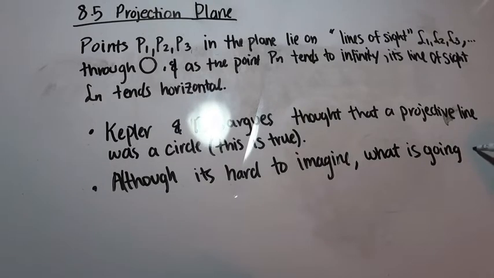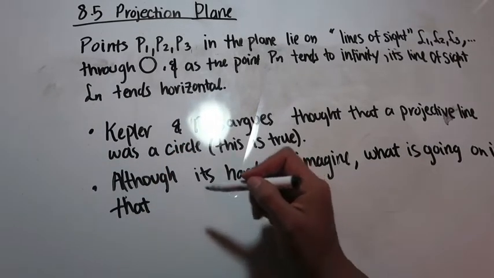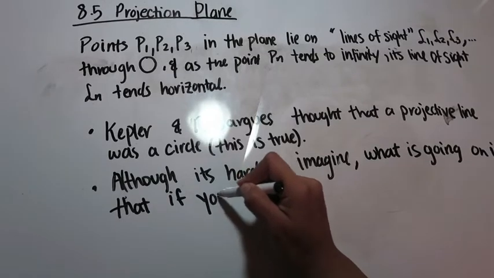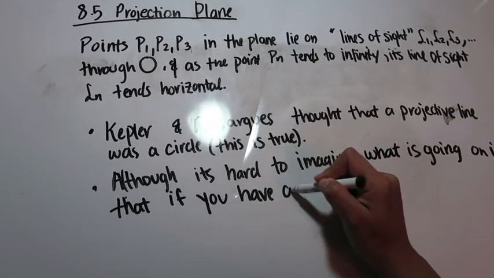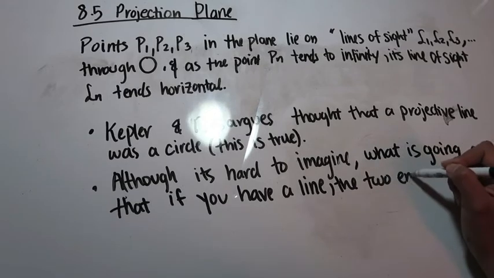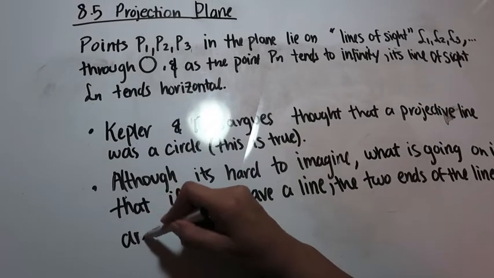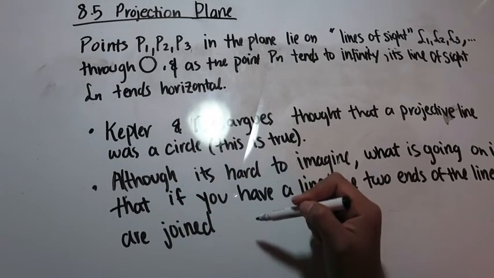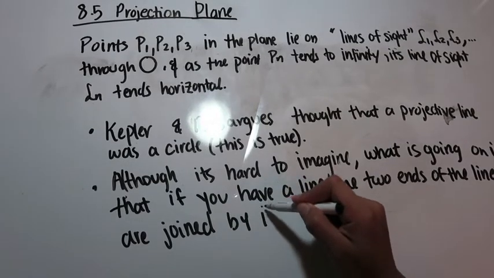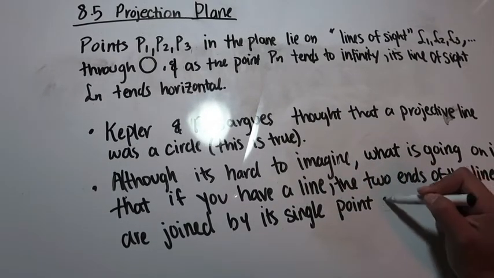So what's going on is that if you have a line, the two ends of the line are joined by its single point at infinity.